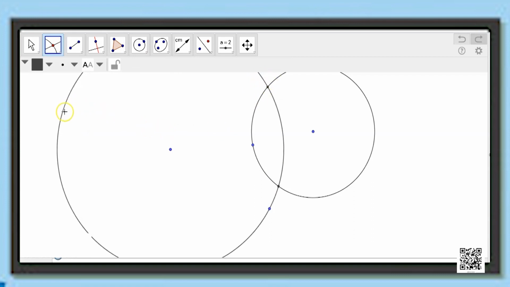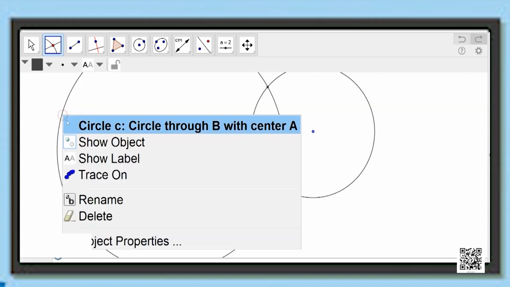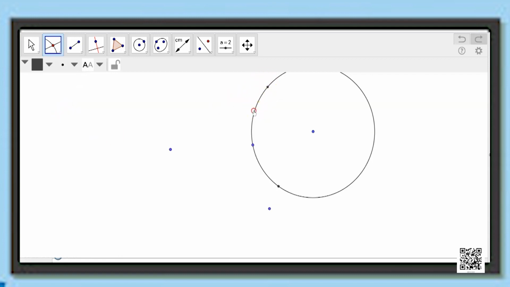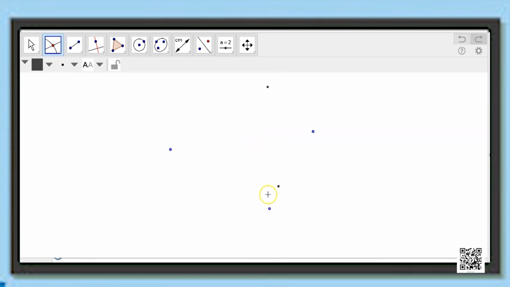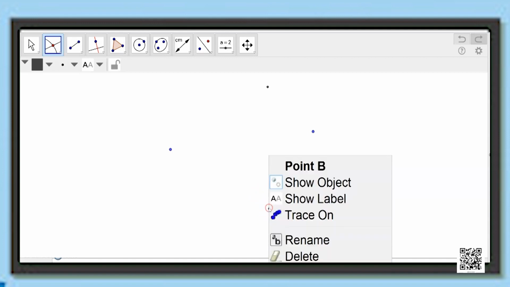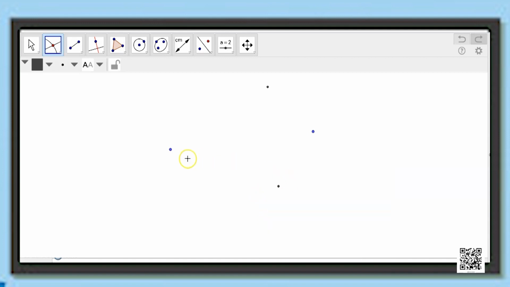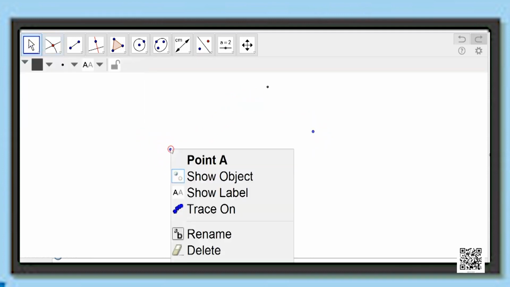Now, let me remove all these circles which I do not require now, and I remove these extra points again which is not required for our construction. Now, let me join these 4 points using line segments. Now, before that let me label these points.